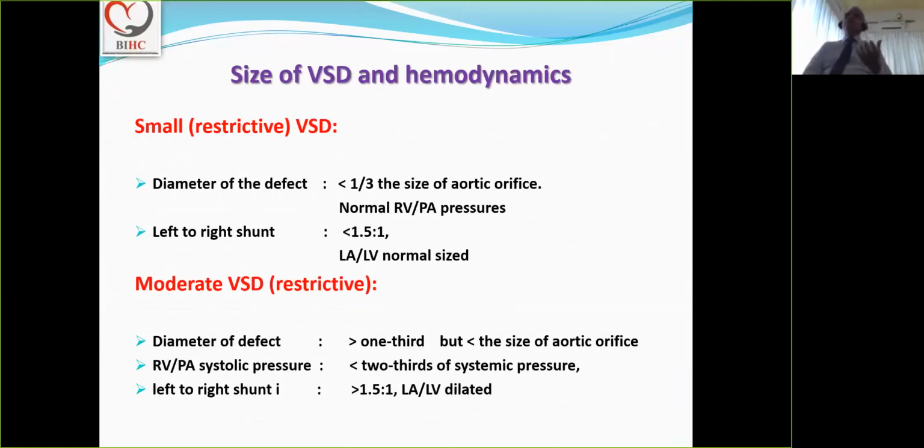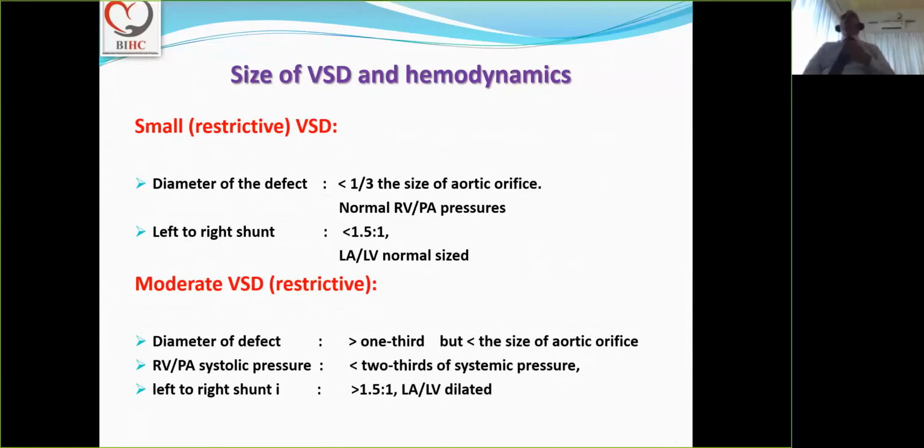It's less than 1.5:1. If we look at the LA and LV in the echo, they are normal sized. That's all. A small VSD: less than a third of the aortic orifice size, less than 1.5:1 pulmonary to systemic flow ratio, normal LA and LV.